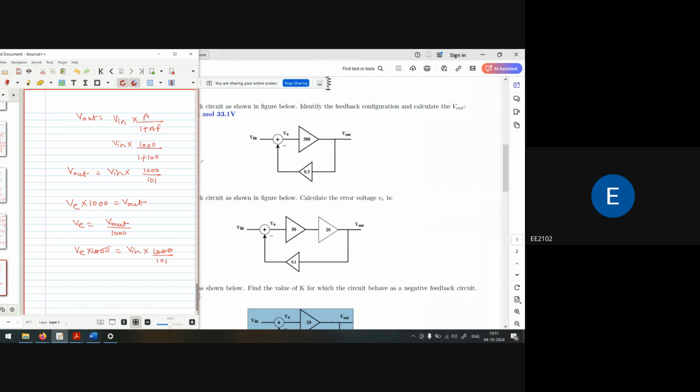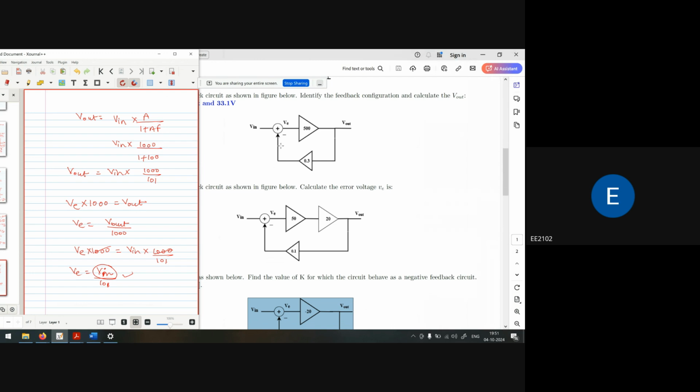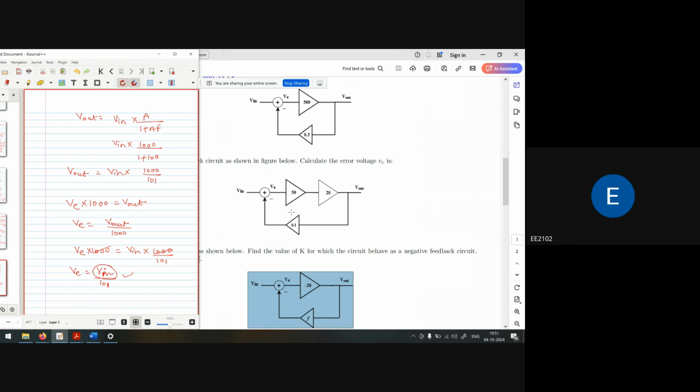So the 1000 cancels out, and VE is nothing but V in upon 101. If you know the value of V in, you can easily calculate VE. The data is also missing here as well.